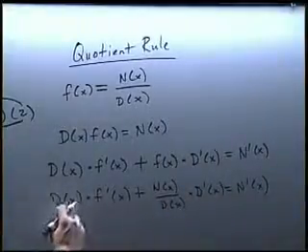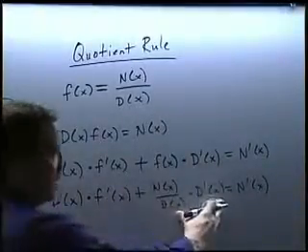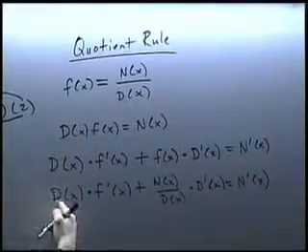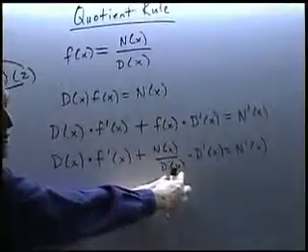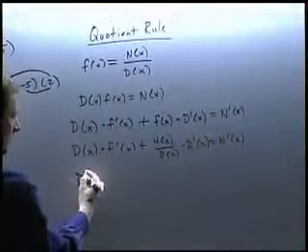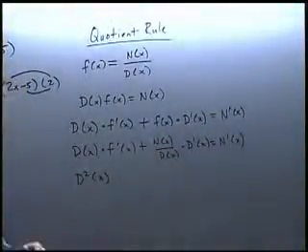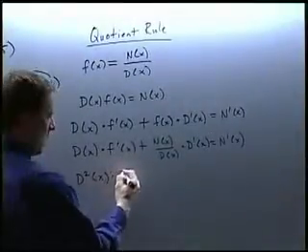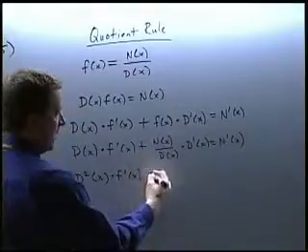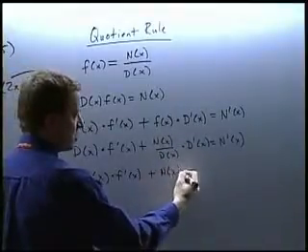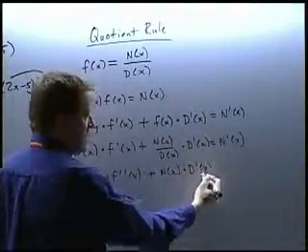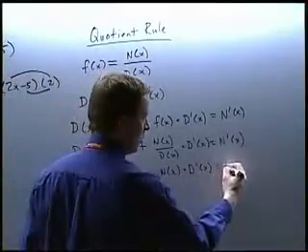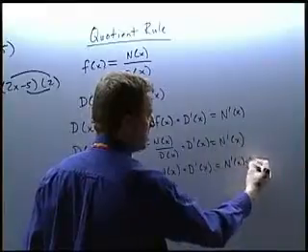So I'm going to multiply each term, this one, and this one, all by d of x just to get rid of the fraction. d of x times another d of x, that's d squared of x, something times something is just squared, times f prime of x. The middle term now looks similar except it's missing that denominator. We multiplied it through. And on the right side, we've got n prime of x times that d of x.